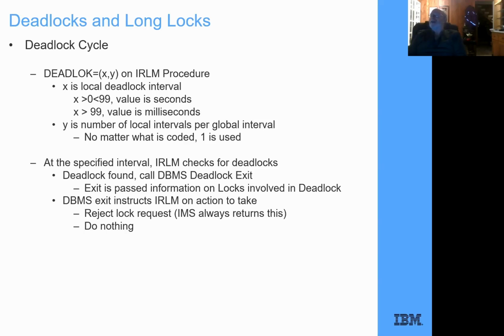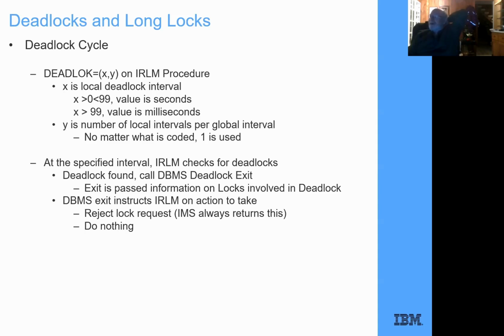If a deadlock is found, IRLM calls the database manager's deadlock exit. For IMS, it calls DFSDLKX0. The exit is passed information on the locks involved in the deadlock, and the DBMS exit instructs IRLM on the action to take. In the IMS case, we always return an instruction to reject the lock request.